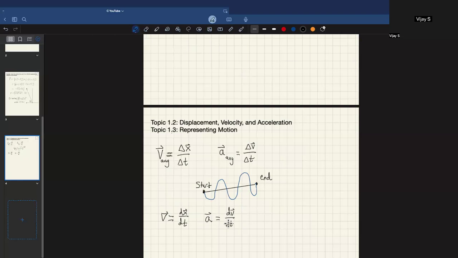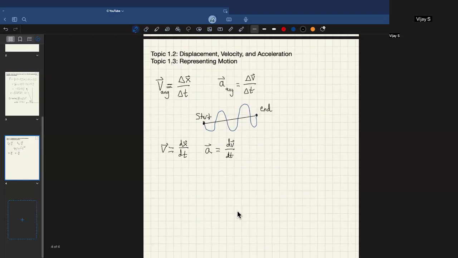Again, these are vectors in general, but you can just focus on one-dimensional motion, and that's in fact what we're going to do in this video. So we can drop the vector signs and just say that the velocity for one-dimensional motion is equal to the derivative of position with respect to time, and acceleration is the derivative of velocity with respect to time.